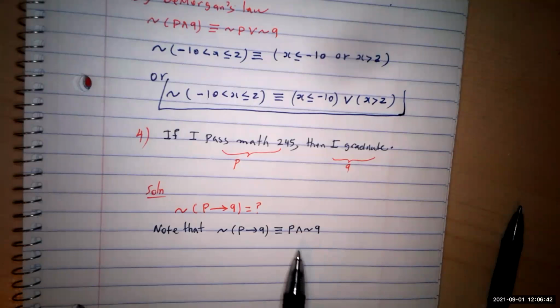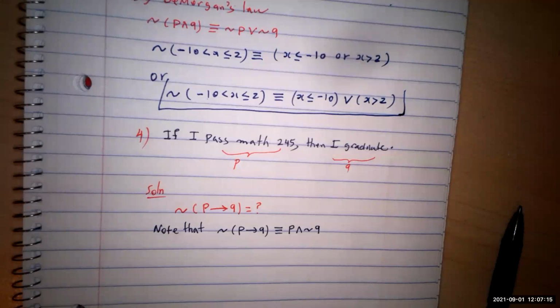Now give us this expression from the given one. Anybody want to read it? Because you are not done, remember, this is just a symbolic one, and you have to go back and transcribe it or translate it if you like. Any suggestion? P and not Q. Yes, go ahead.